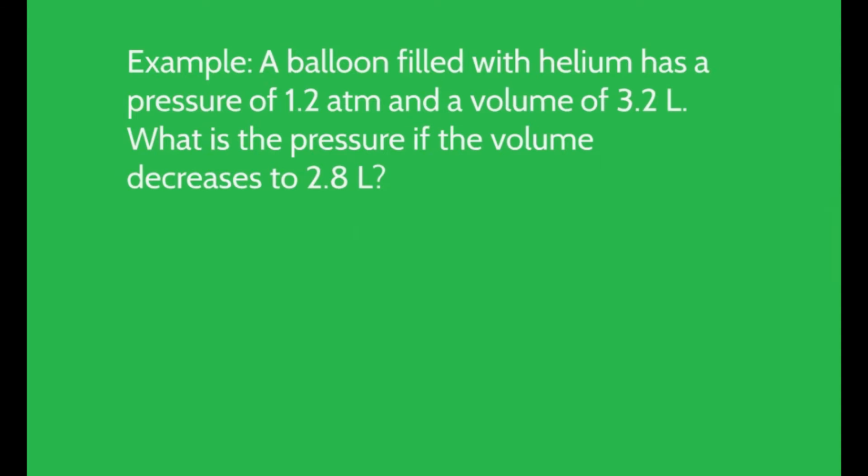They're saying initially you have this, P1, V1. What is the P2 if your V2 is this? That's how you should be able to read it. You should not read words. You should be seeing a formula pop up in your head. If you're not, then you're totally missing the concept. All right, so this is how I would do it as a beginner. Actually, I still do this.